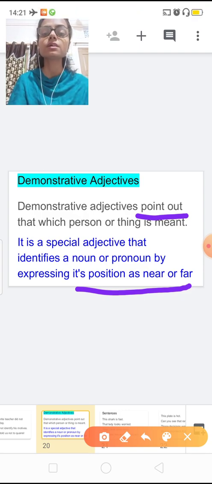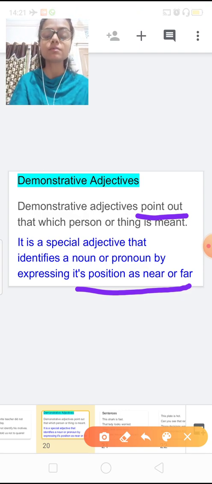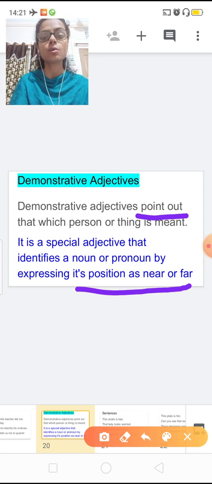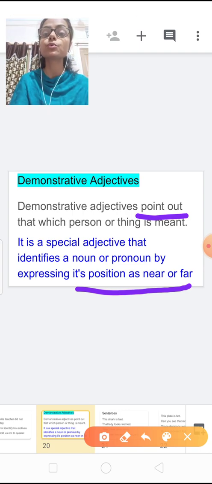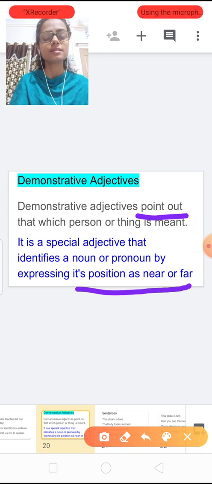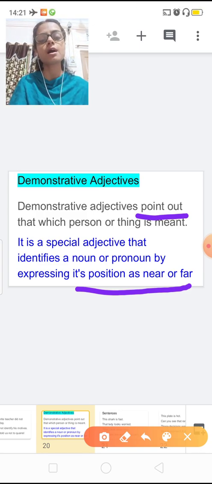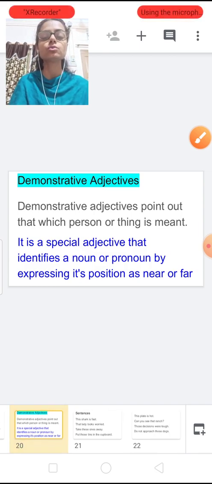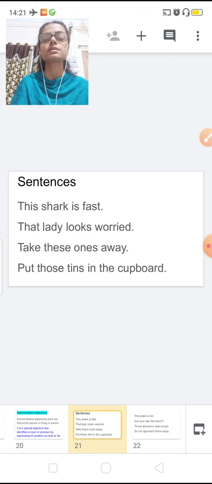Demonstrative adjective is a special adjective that identifies a noun or pronoun by expressing its position as near or far. Now with the example sentences you can understand easily.